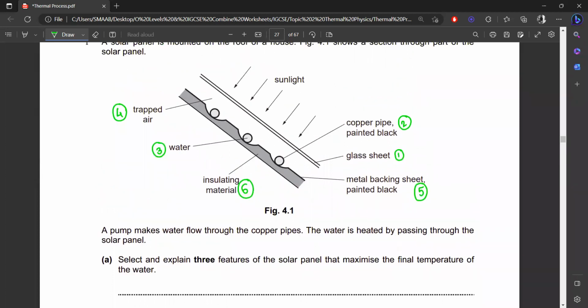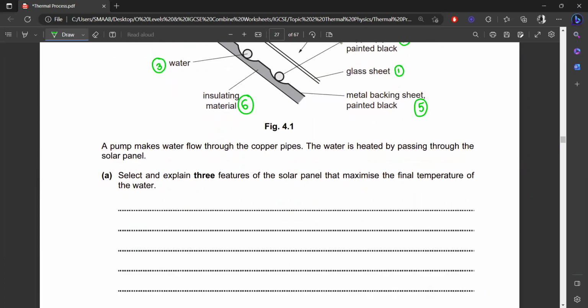The copper pipe. Okay, so copper pipe is a good conductor, so that is one feature. And what will be the other? Metal backing sheet.